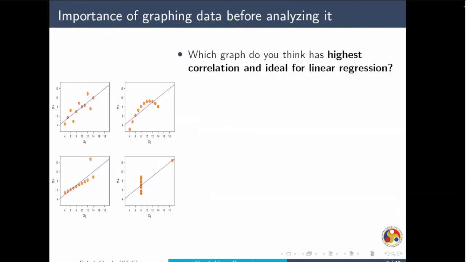Here, this is a long story: the importance of graphing data before analyzing it. There are 4 graphs here: 1, 2, 3, and 4. Now my question to you: which graph do you think has the highest correlation and is ideal for linear regression?